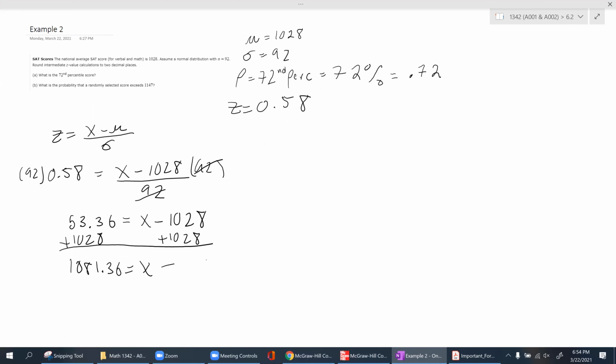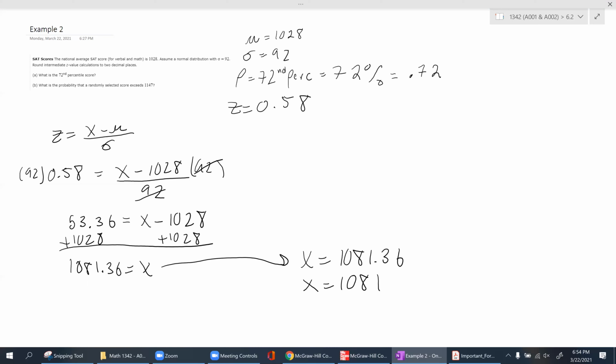You can leave it like this, x equals 1081.36, or round it off to your nearest whole number, which would be 1081. So that'll be the x value, the test score that corresponds to the 72nd percentile.